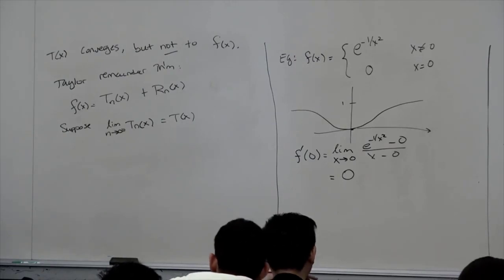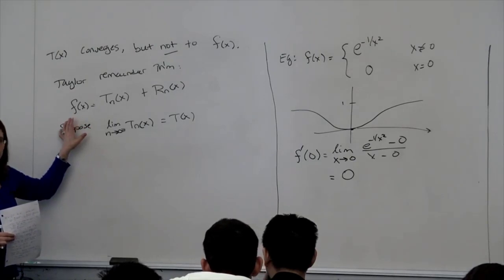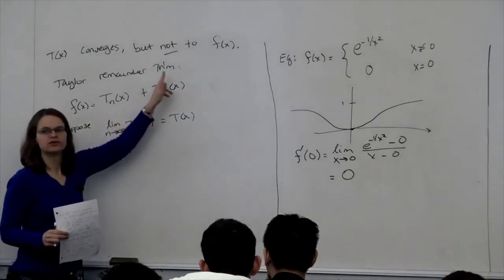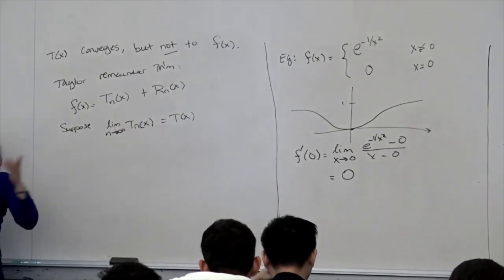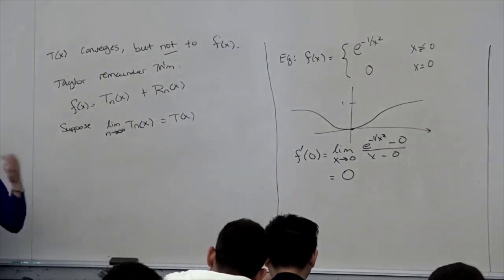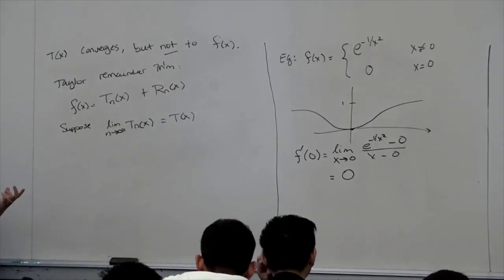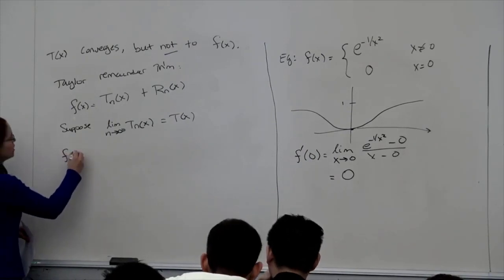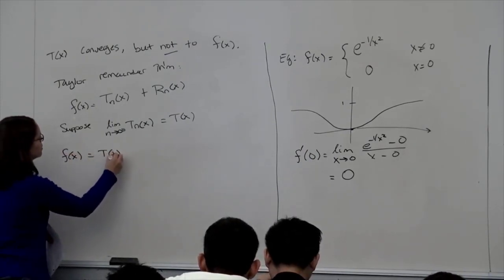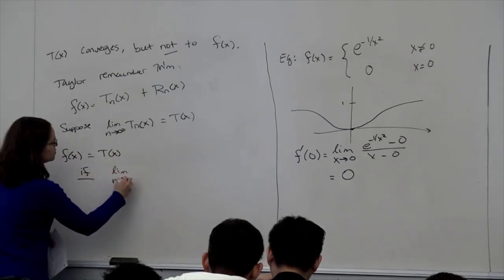That doesn't automatically guarantee us that T of x is equal to f of x. That's only going to be the case if this remainder term also goes to 0 as we let n go to infinity. So if we want to know, can I use an infinite Taylor series and have it be equal to my function, we need to know what happens to this remainder as n goes to infinity. f of x will equal T of x if this remainder term goes to 0.